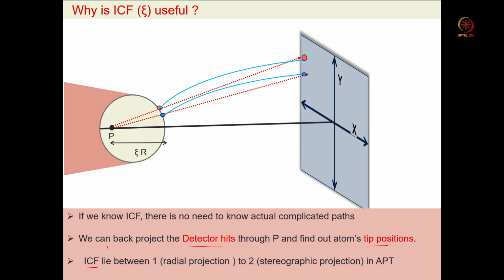Usually the image compression factor xi is 1 for the radial projection, which shows that it is perpendicular to the surface. For a stereographic projection, the ICF has a maximum value of 2.